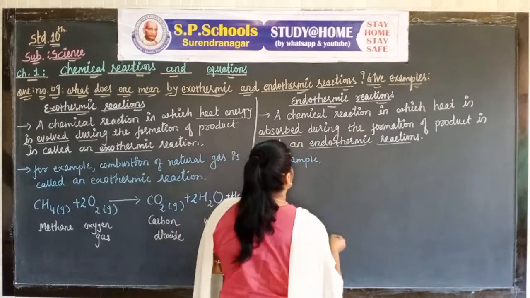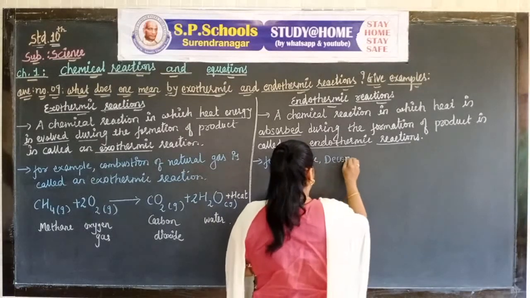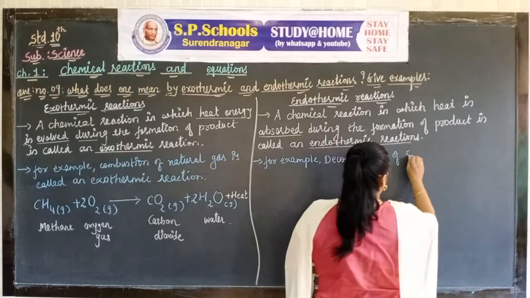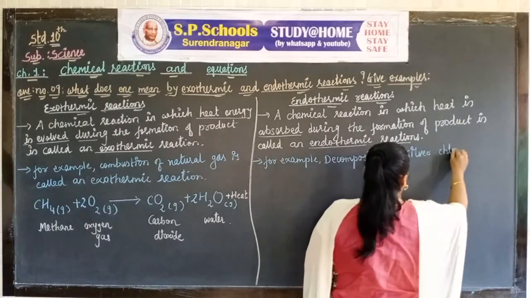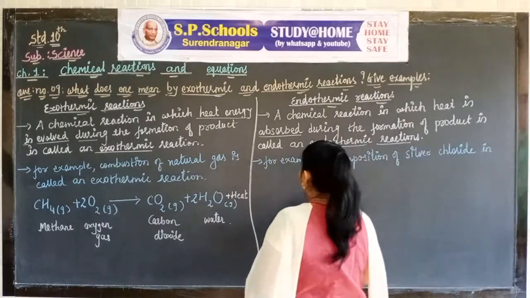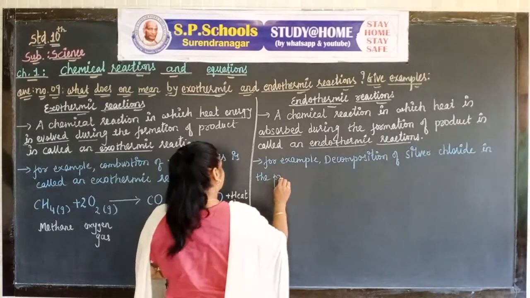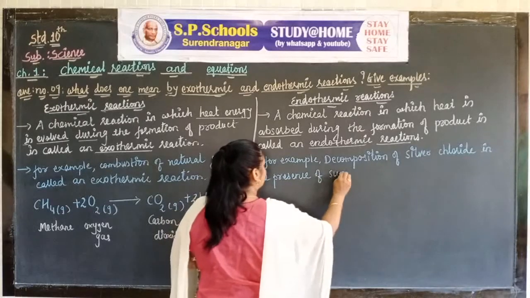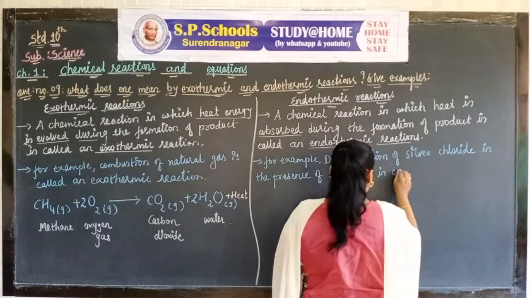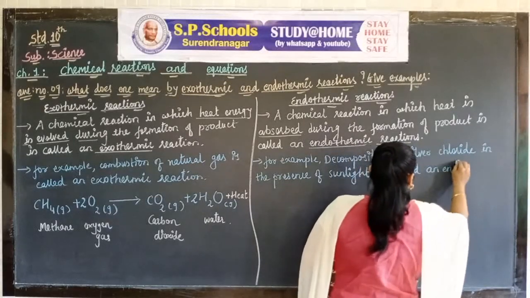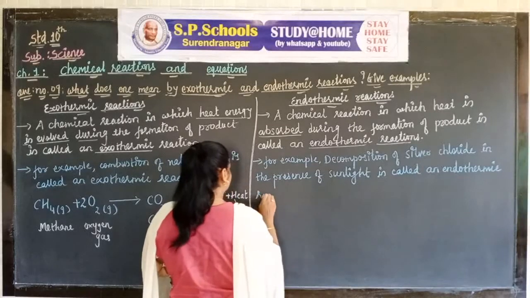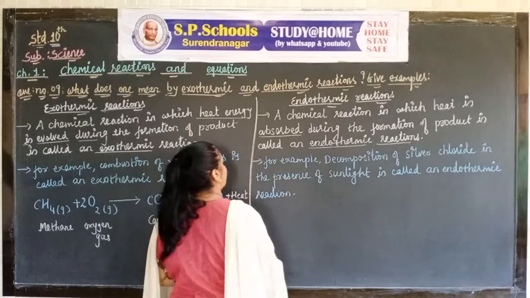For example, decomposition of silver chloride in the presence of sunlight is called an endothermic reaction.